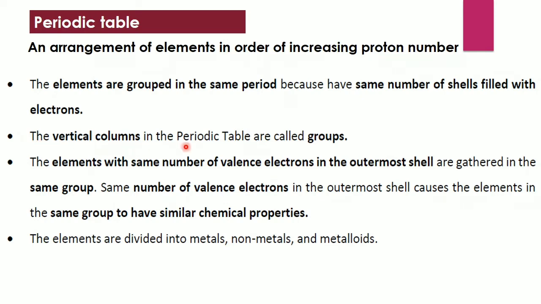The vertical columns in the periodic table are called groups. Elements with the same number of valence electrons in the outermost shell are gathered in the same group. The same number of valence electrons in the outermost shell causes the elements in the same group to have similar chemical properties. Elements can also be divided into metals, non-metals, and metalloids in the periodic table.